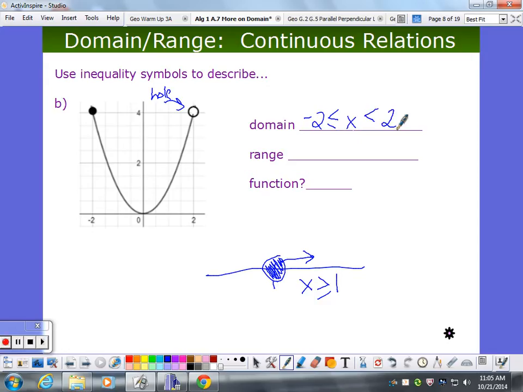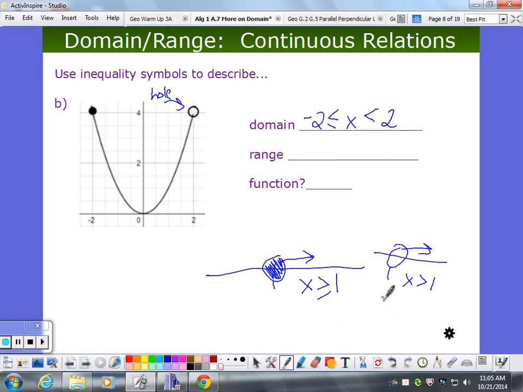Now, why did I not put it in the whole over here? Because what does this hole mean? It's just like when I had an inequality like this. Why do I make this x bigger than 1 and not equal to? We did this last year, right? If it's a hole, don't put the little line under it.